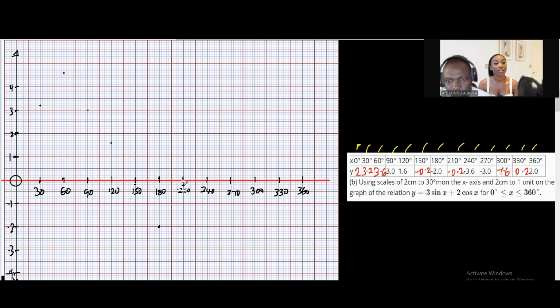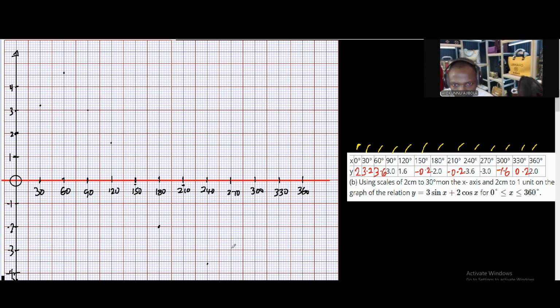Are you seeing that? Yes, sir. So when x is 240, we have minus 3.6. So when x is 240, minus 3.6 is after minus 3.5. So this is 3.5, 3.6 is somewhere here. Then when x is 270, we have minus 3. 270 gives us exactly minus 3. The other point is minus 3.6, which is here.